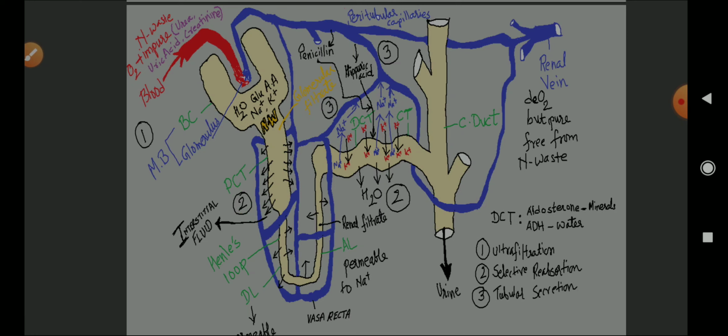Blood volume and blood density. Otherwise, glucose is gone, blood density has reduced. Water has gone, blood density has reduced. Amino acids, blood volume, and sodium, potassium all have been lost. That means the blood volume and blood density is reduced. So in order to maintain the blood volume and blood density before it reaches the heart, it requires to be recollected back into the blood.